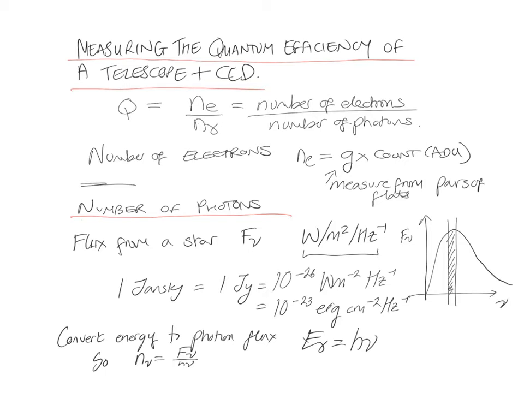Okay, so far so good. So now we just care about one frequency though, right? So we have to sum over all of the frequencies. So our n tot that comes in 1 second is going to be the integral over the band of the number at a specific frequency over all of the frequencies.